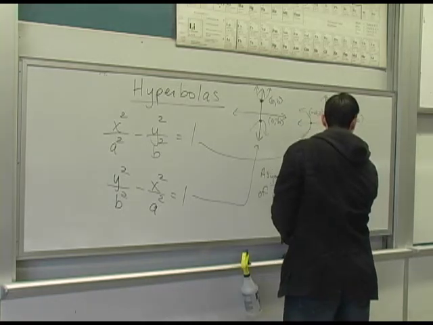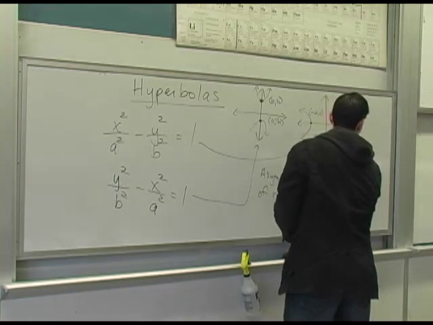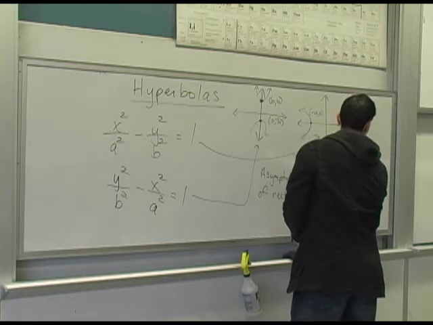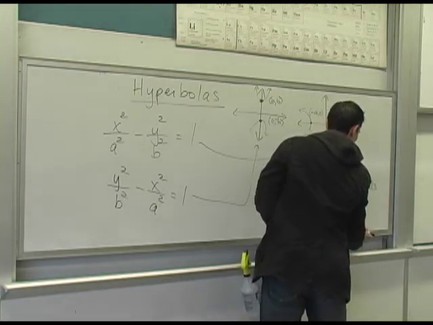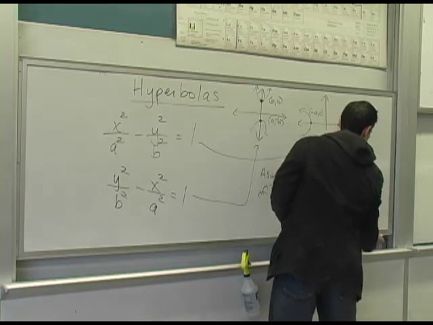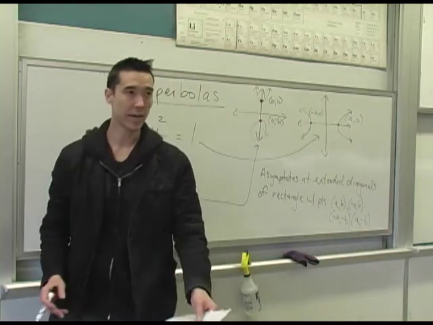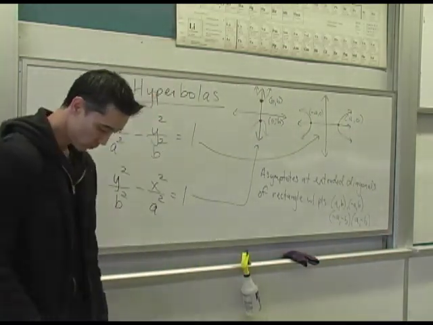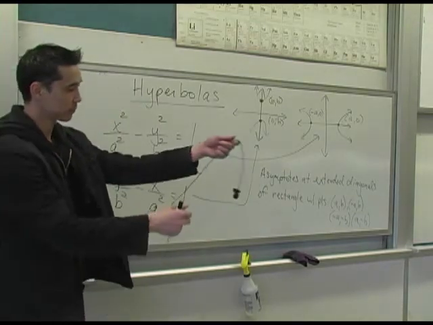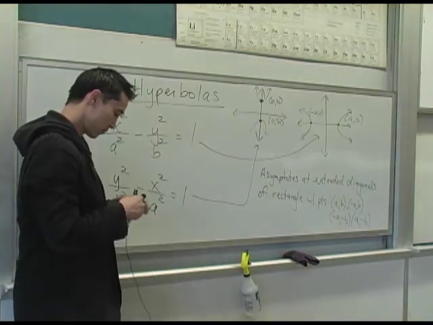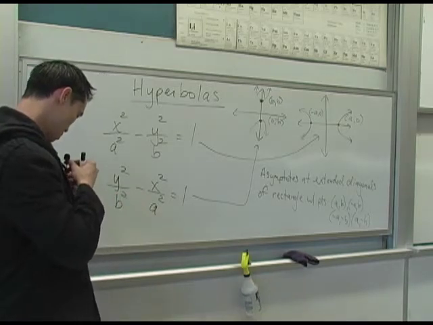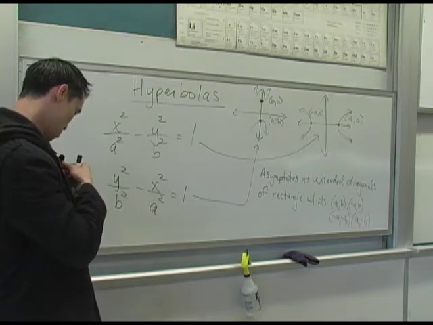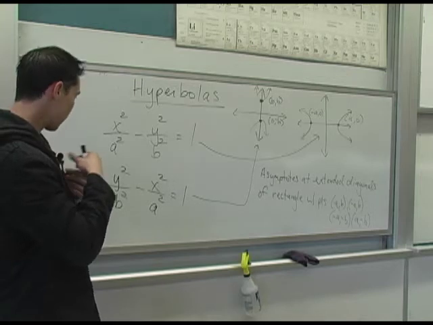So you'll have (a, b), (-a, b), (-a, -b), and (a, -b). So every combination of a and b, positive and negative. Every combination.